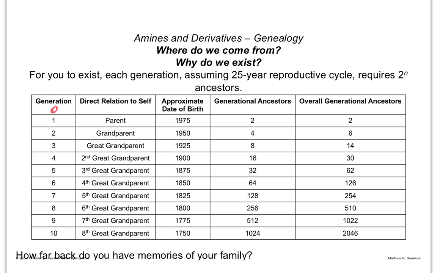Then you have parents, so that's 2 generational ancestors, 2 total. Then you have 4 grandparents, which gets you up to 6 generational ancestors. You can go back to the 10th generation, and it requires 2,046 human beings to have existed to make you.